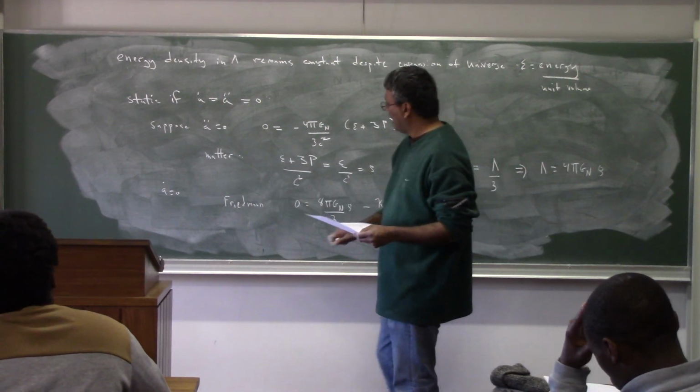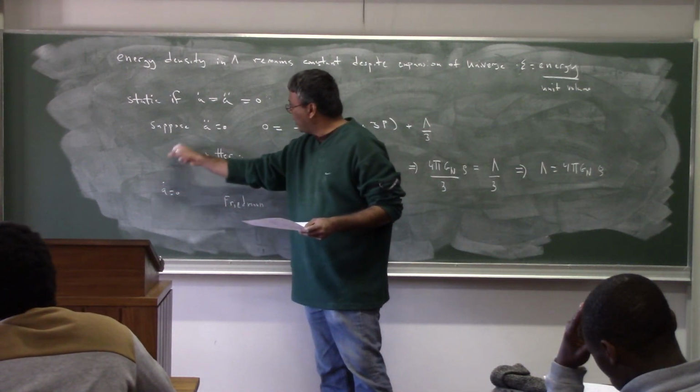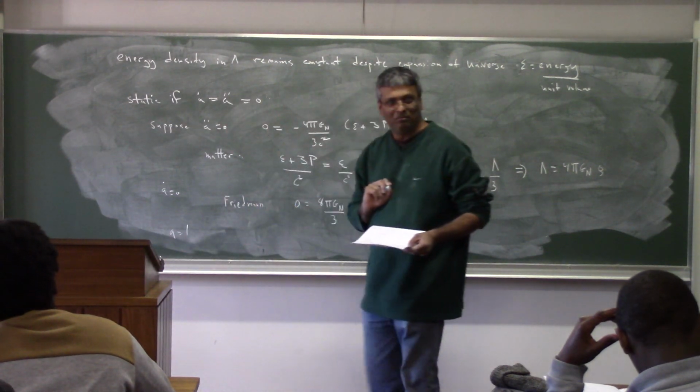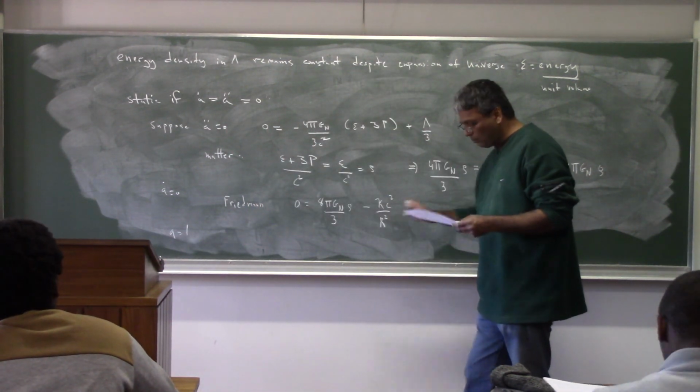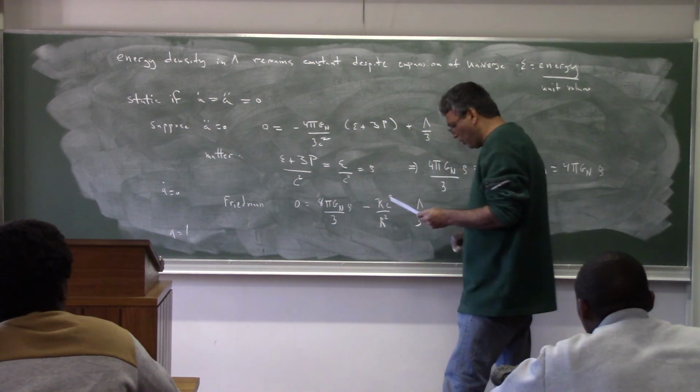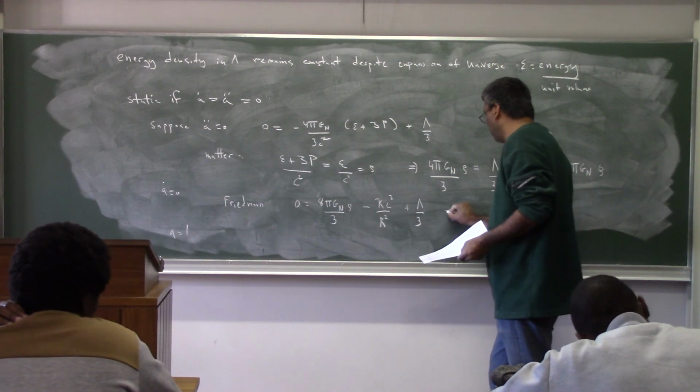So we have a dot equals 0 and a double dot equals 0. So let's just set a equal to 1. That's why I'm not writing a squared there. Plus lambda over 3.